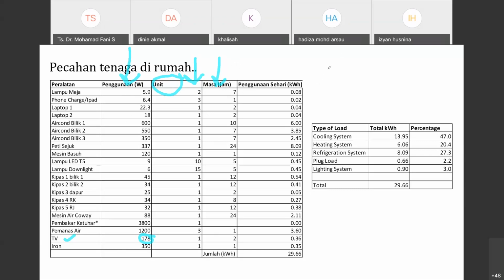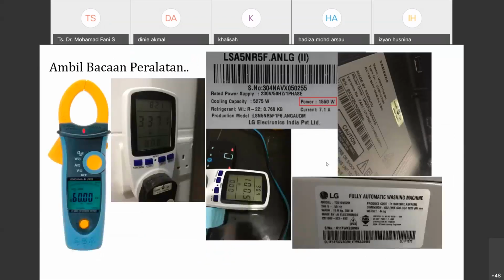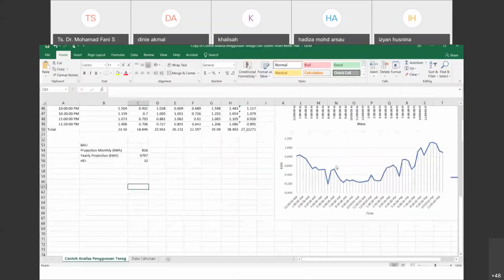So make the reading in 1 day, measured value for total appliance in the house. So for example here, 26.99. When we go back to the profile, the average from the smart meter is 27.